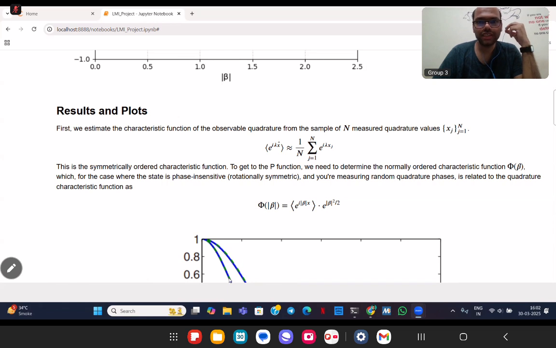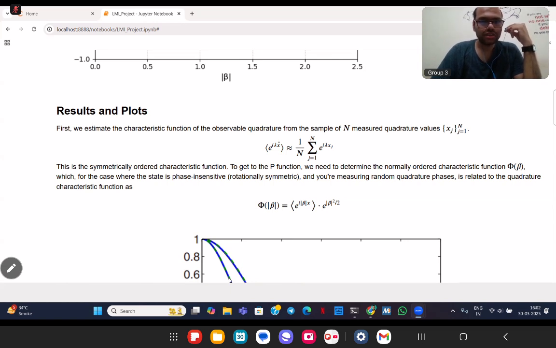This is the symmetrically ordered characteristic function. Now, to get the P function, we need the normally ordered characteristic function, which for the phase insensitive case is related to the quadrature characteristic function as shown here.